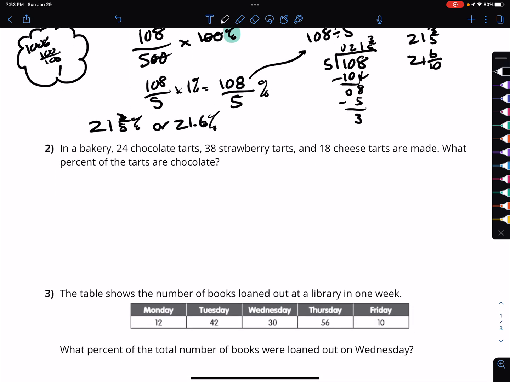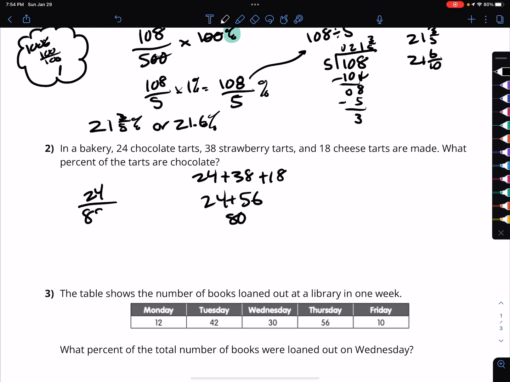Question 2. In a bakery, 24 chocolate tarts, 38 strawberry tarts, and 18 cheese tarts were made. What percent of the tarts are chocolate? So we need to figure out how many total tarts there are, and then 24 of them are chocolate. So if we do 24 plus 38 plus 18, I know that's going to be 40, 56, and 24 plus 56 is 80.